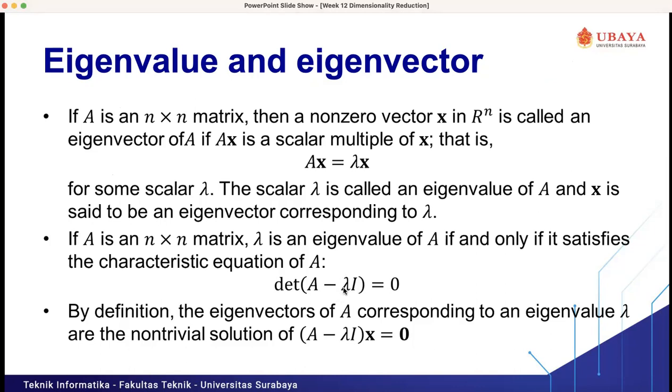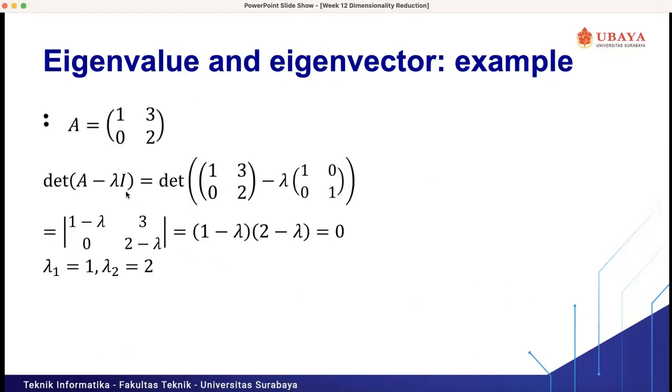Because we already have a formula, the determinant of A minus lambda I equals 0, in this case we will calculate the determinant of A minus lambda I, which is the determinant of 1, 3, 0, 2, minus lambda, because we have not yet got the value of lambda.